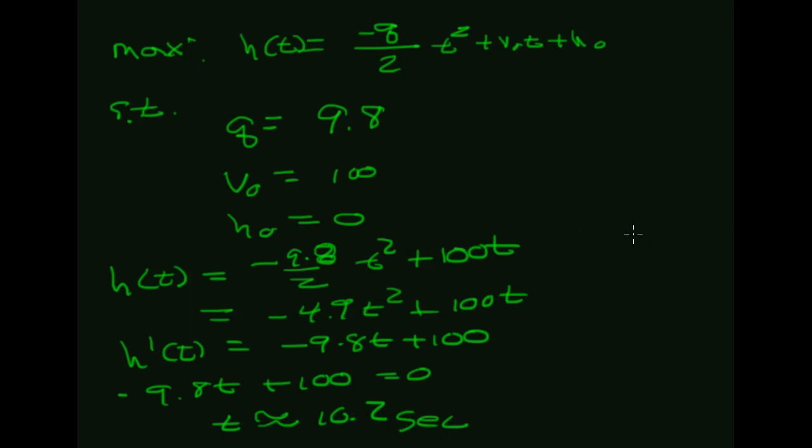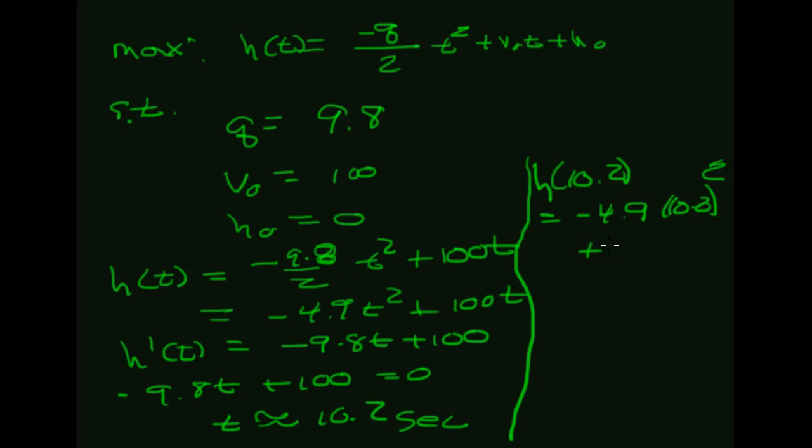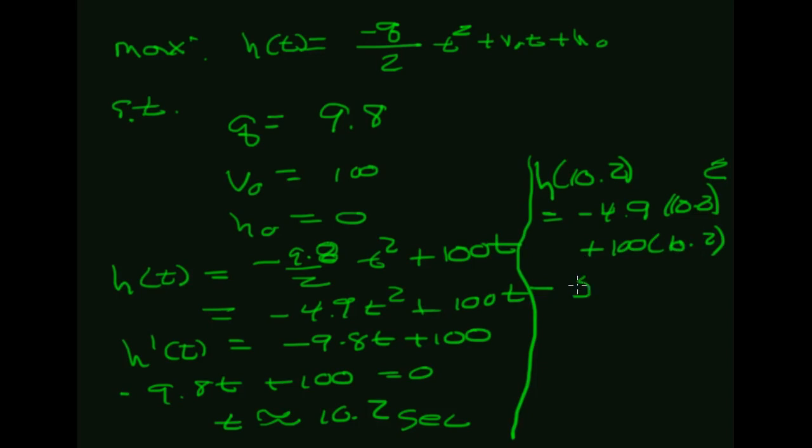If you go subbing in, you get that h at 10.2 seconds is negative 4.9 times 10.2 squared plus 100 times 10.2, which gets me about 510.2 meters up there.